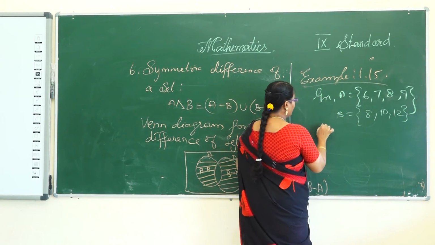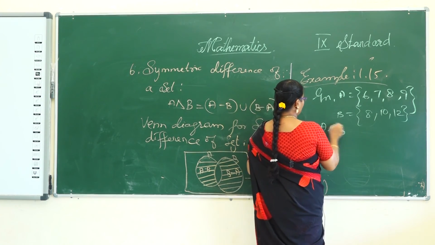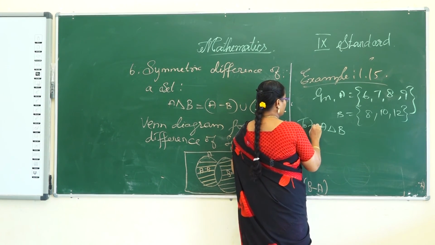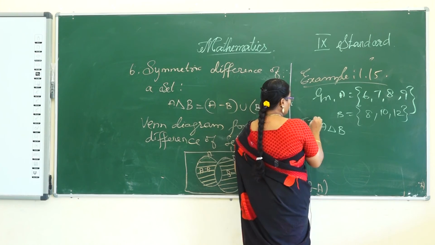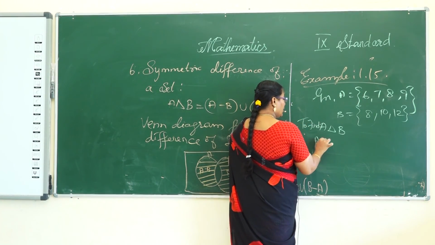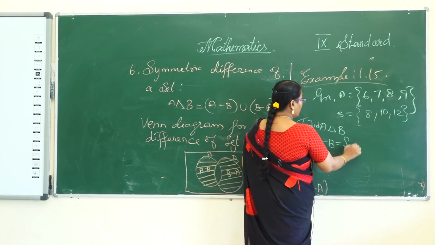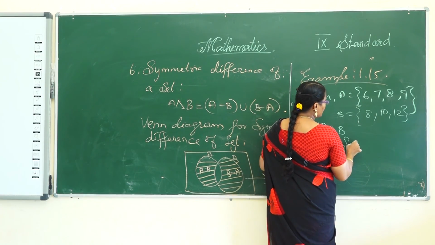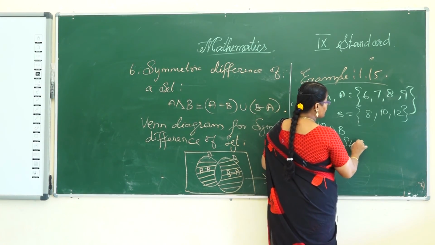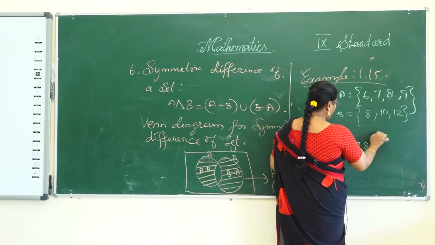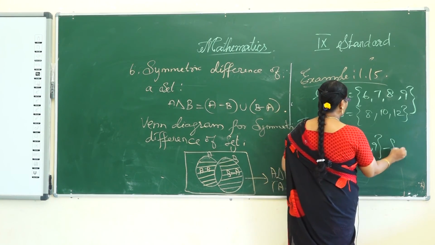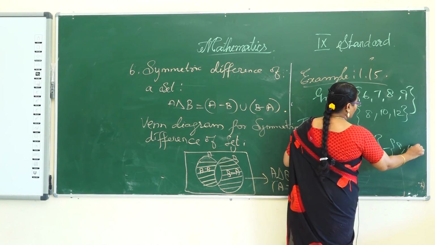Find A symmetric difference B. To find it, first find out A minus B. A difference B means the set of all the elements in set A: 6, 7, 8, 9. And next, the set of all the elements in set B: 8, 10, 12.